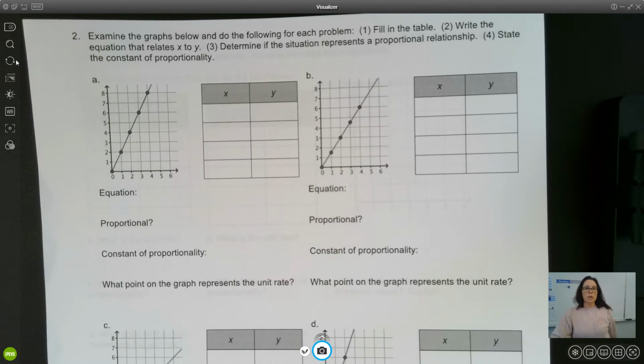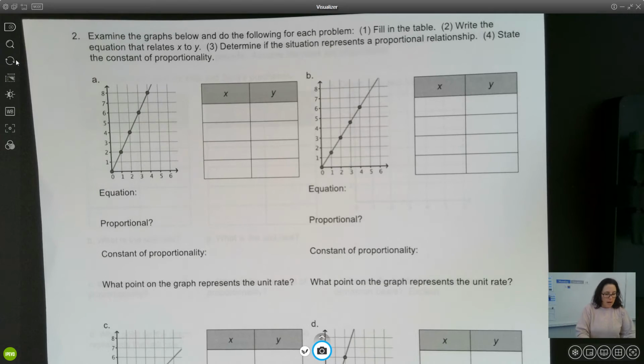Number 2, we're going to write an equation that relates x to y. Number 3, we're going to determine if the situation represents a proportional relationship. Number 4, state the constant of proportionality. Okay, remember, if it does not represent a proportional relationship, there is not going to be a constant of proportionality.